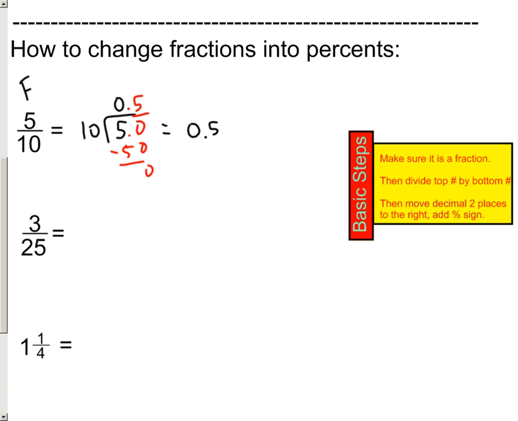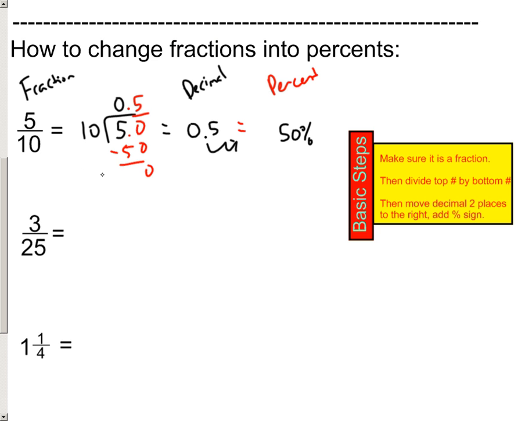We can divide the numerator by the denominator and make a decimal. And our previous lesson showed you how we can change a decimal into a percent, by moving it 2 times to the right. So we get 50% as the percentage of this fraction.